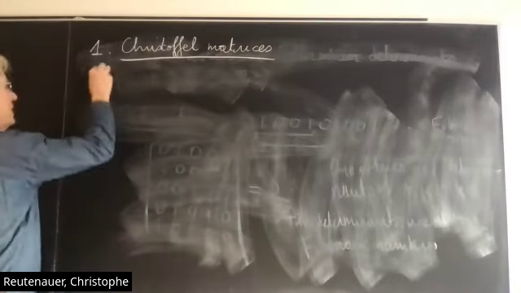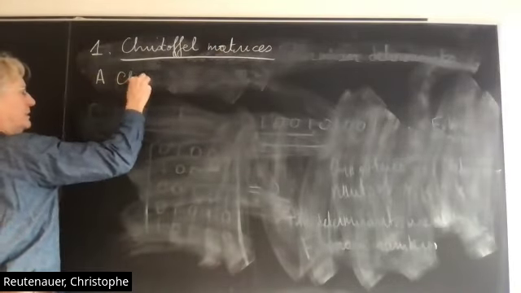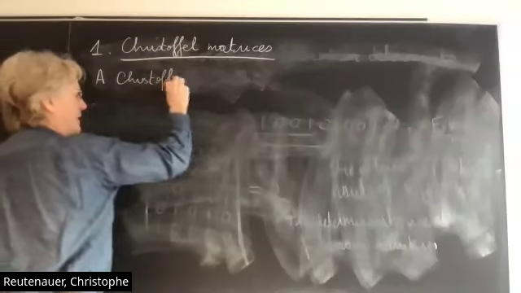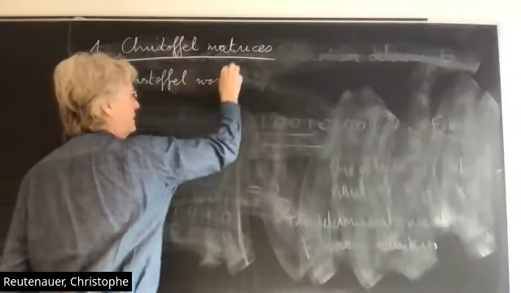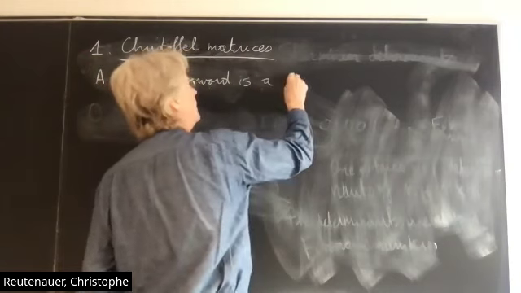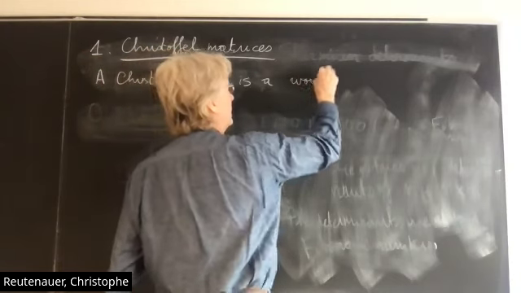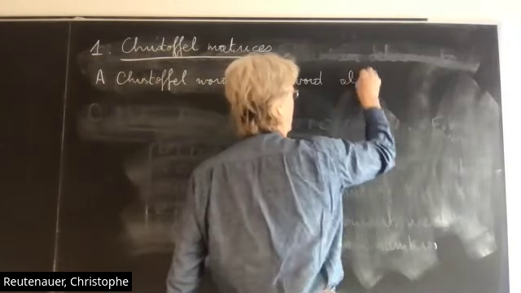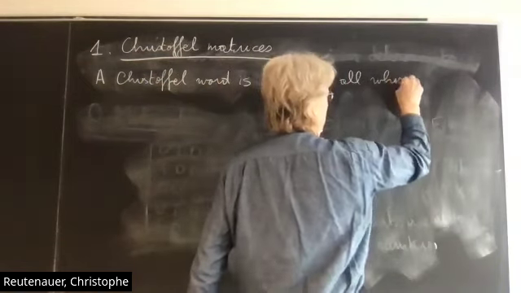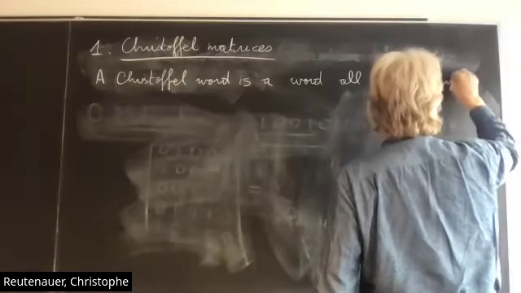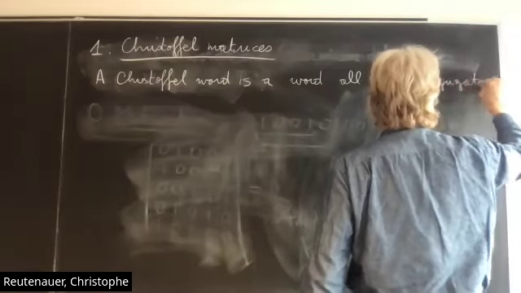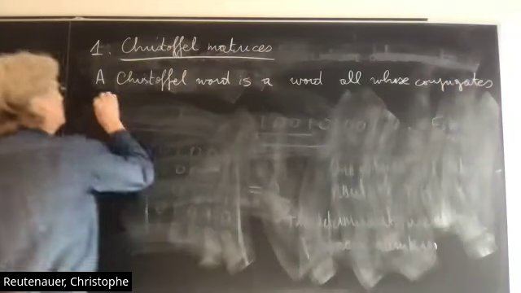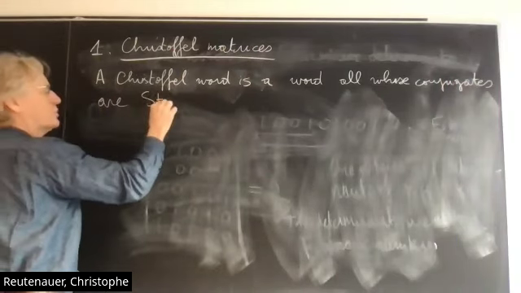We know that a Christoffel word is a word all whose conjugates are Sturmian words, finite Sturmian words.